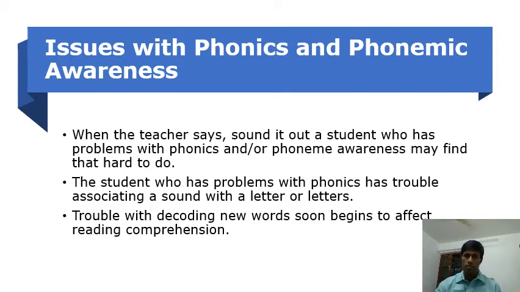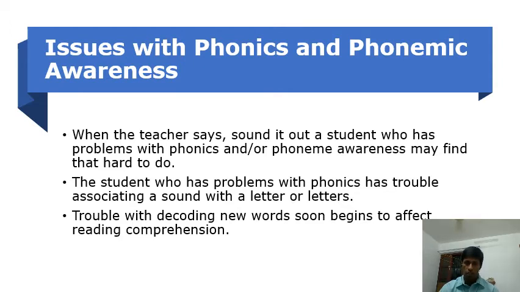When the teacher says sound it out or pronounce the word, a student who has problems with phonics and phoneme awareness may find that hard to do. Sounds may be a bit difficult for some of the students. The student who has problems with phonics has trouble associating a sound with a letter or letters.